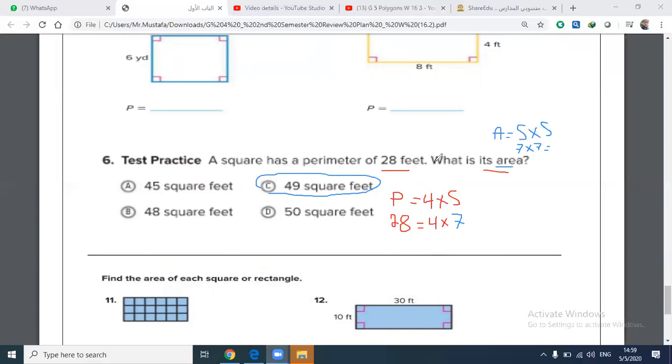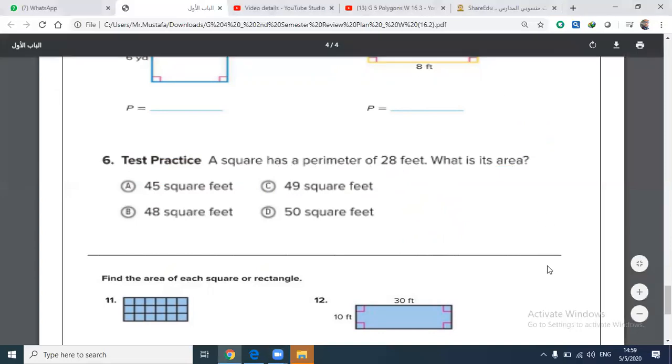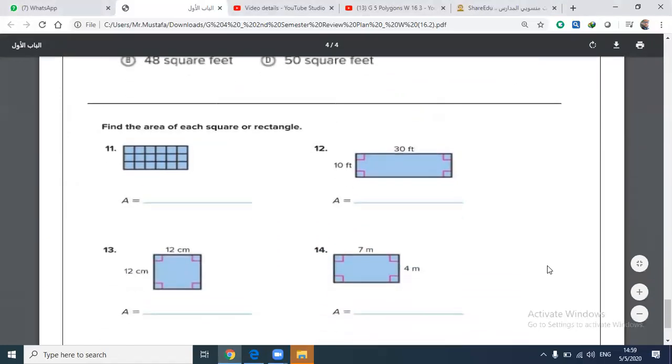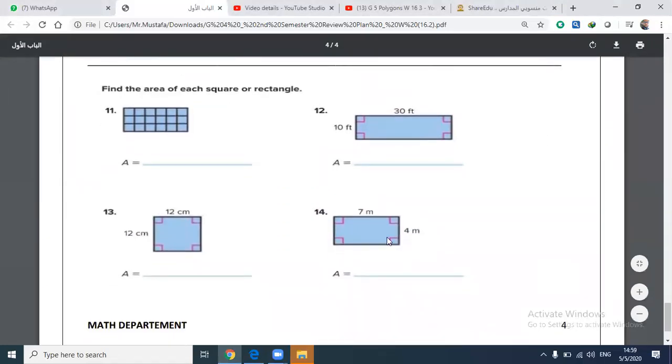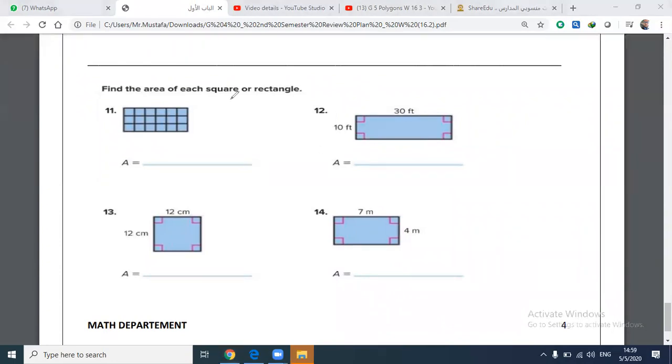Wonderful. Okay, let's go for the last one here. Find the area of each square. Find area for each one of these. I think it's easy to find it fast. Okay, Muhammad, just count 1, 2, 3.